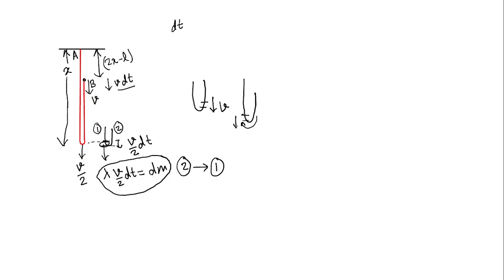Its velocity is 0. So what is the change in momentum of this dm? Initial momentum was V times dm. Final momentum was 0. What is the time elapsed? dt.